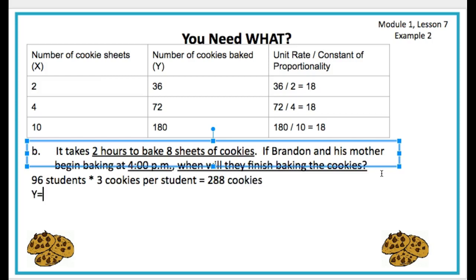Using our equation y equals k times x, we know that we need 288 cookies, and we know our constant of proportionality is 18, and we need to solve for the number of cookie sheets. Solving for x, we divide 288 by 18, which gives us 16 cookie sheets.